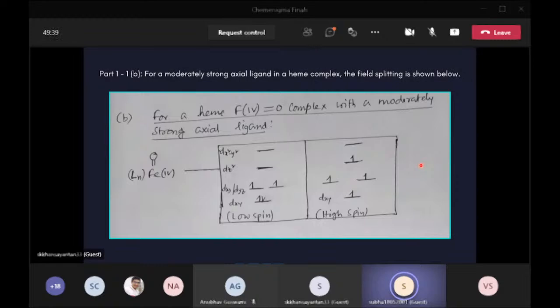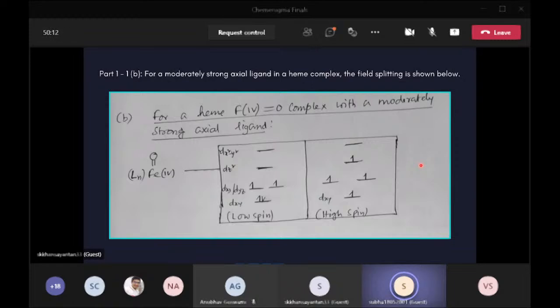For the next part, for the heme complex, in the case of the iron oxygen heme complex with a moderately strong ligand field, we can have both a low spin and a high spin state, depending on the nature of the ligand. The electrons get distributed among the d orbitals, dxy, dyz, and dzx, in this manner.